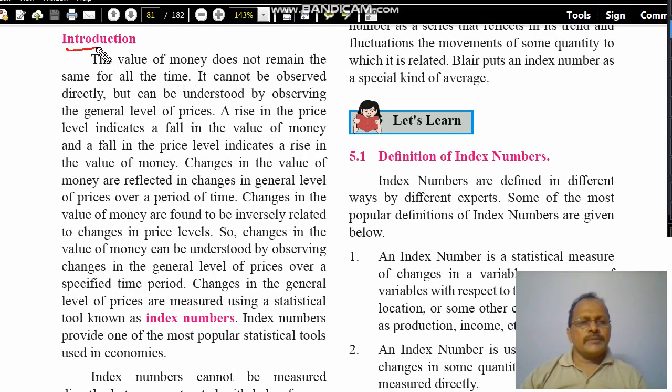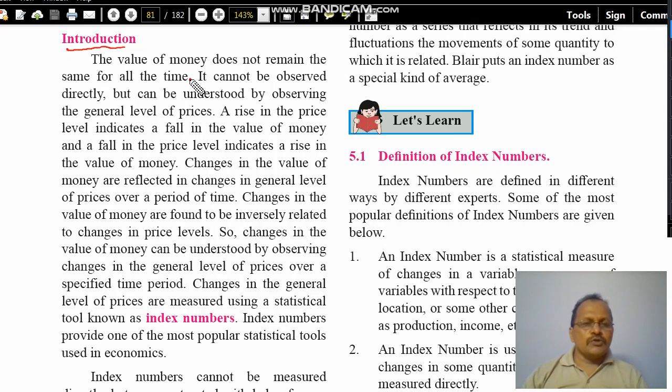In the introductory part, it is given that the value of money does not remain the same all the time. You might have heard from your grandparents that when they were young, the cost of something was so cheap and now it is so costly. For example, sugar.